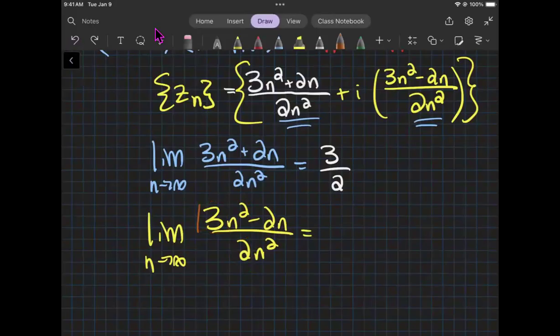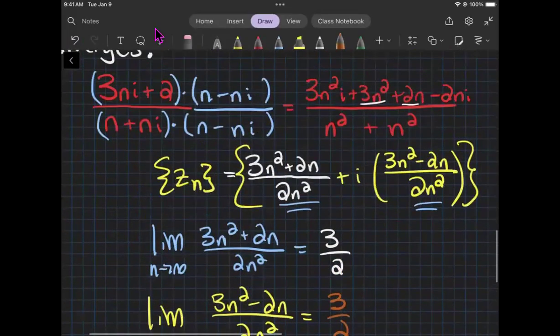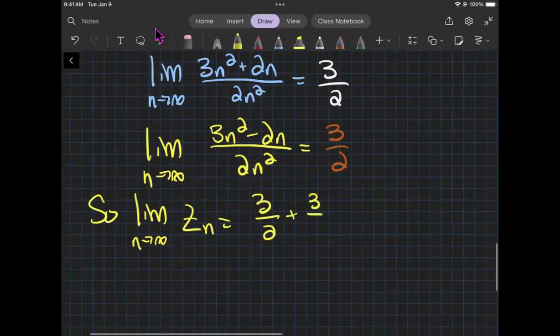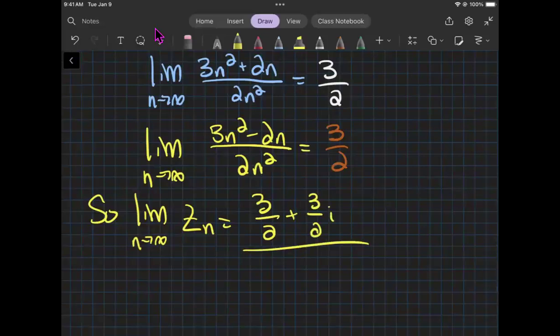So this here will also equal 3/2. So the limit as n goes to infinity of z sub n equals 3/2 plus 3/2 i. Okay, so that's pretty straightforward.